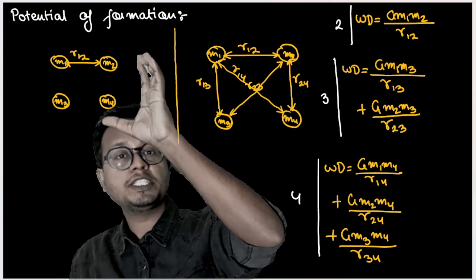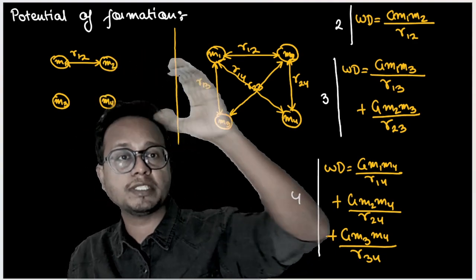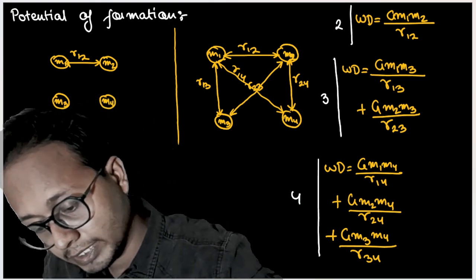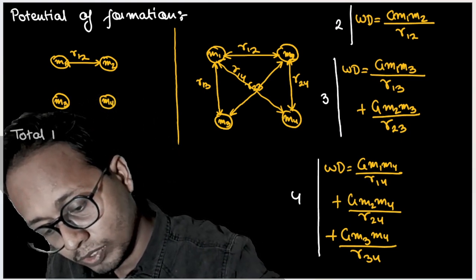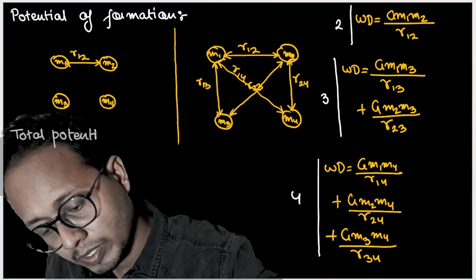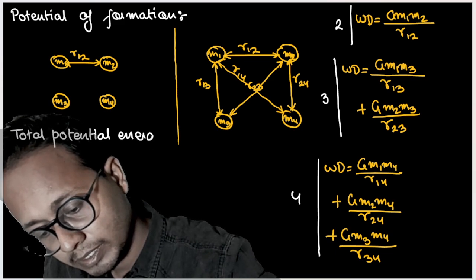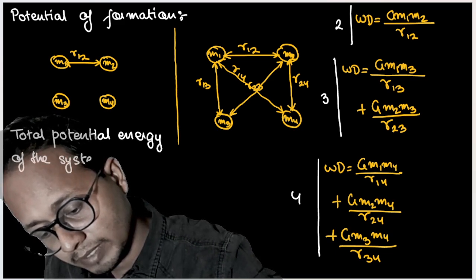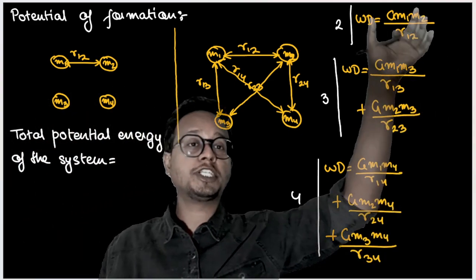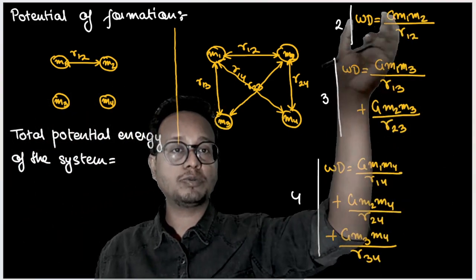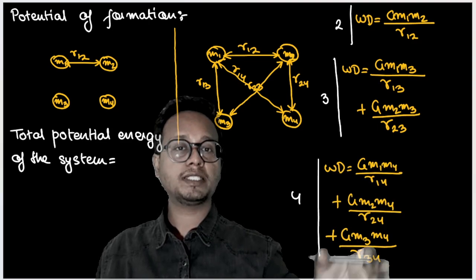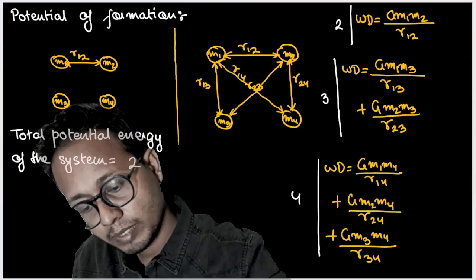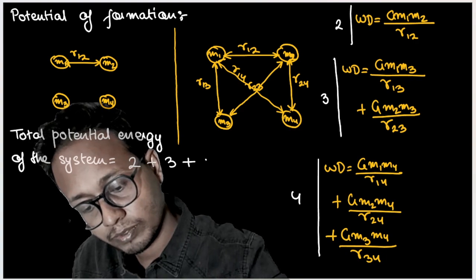The total potential energy of the system is nothing but the summation of all this potential energy: this term, plus these two terms, plus these three terms, that is, terms for 2, plus 3, plus 4.